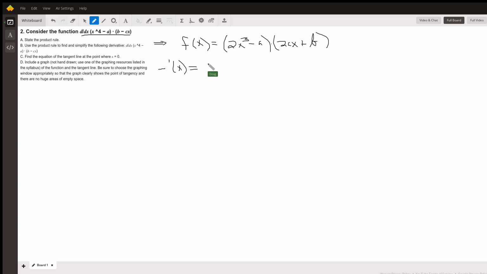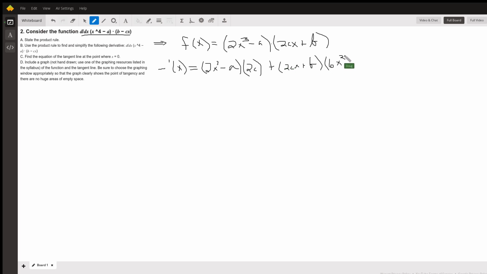The first function is this, times the derivative of the second, well, that would be 2c. The derivative of b is 0 because that's a constant, plus the second function times the derivative of the first, which would be 6x squared.